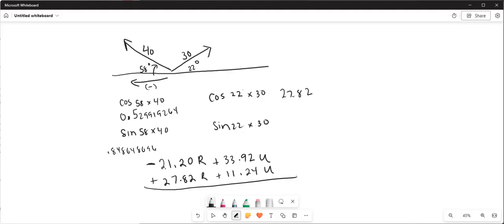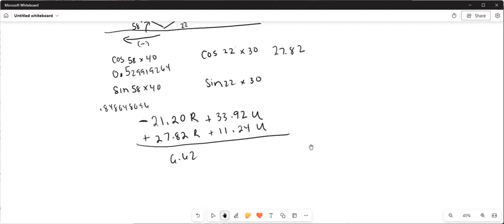So 27.82 minus 21.20 is 6.62 R. It's so crazy for it to be dead silent.